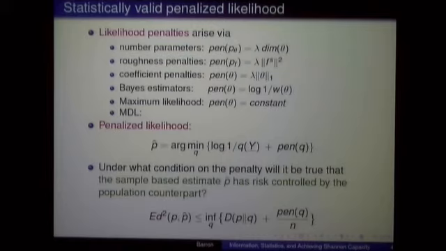And the question that is the right one to ask, notice something. If I do this minimization, I could put the true P of y inside the log. I don't know what it is, but it wouldn't change the minimization, because the log of a ratio is the difference of the logs. But once I put it there visually, just for analysis' sake, then we have the sample counterpart to this population minimization.